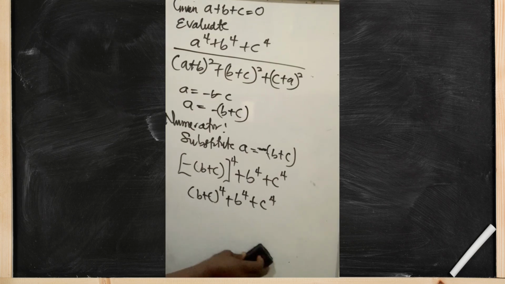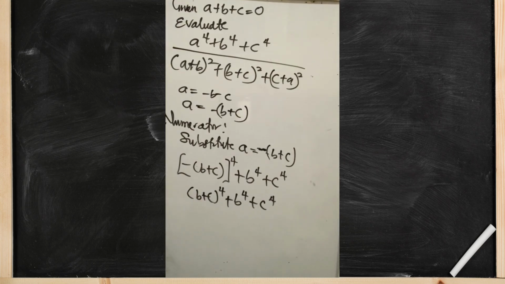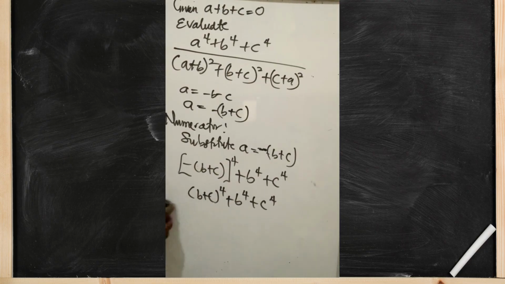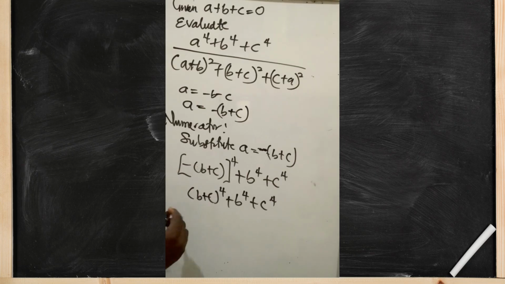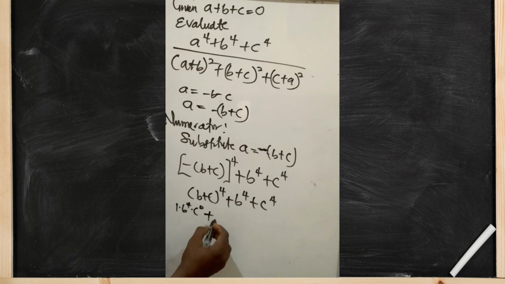Okay, so utilizing that idea to solve this is going to give us 1. That's going to be the first thing. Then b raised to power 4. Let me use the dot sign as the multiplication sign to separate it in order to save space. So it's going to be 1 dot b raised to power 4 dot c raised to power 0, then plus 4 b raised to power 3 dot c raised to power 1.